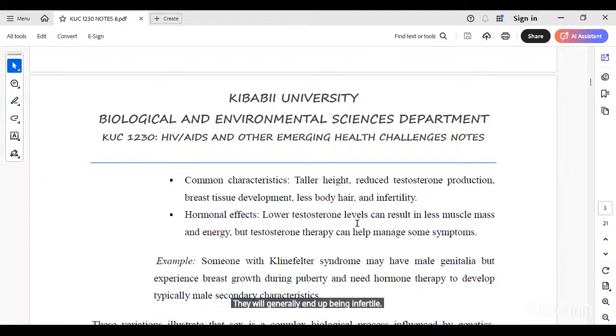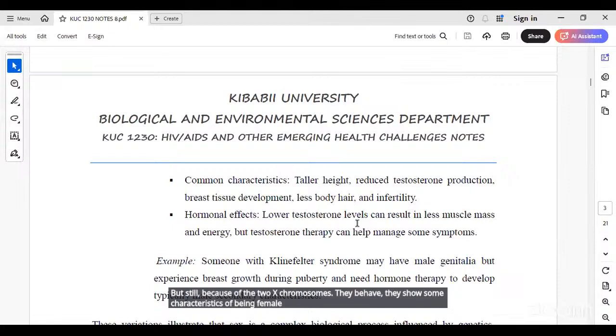So these are people who have male genitalia, but because of the two X chromosomes, they show some characteristics of being female. There is presence of breast tissue, yet they have the male reproductive organ.